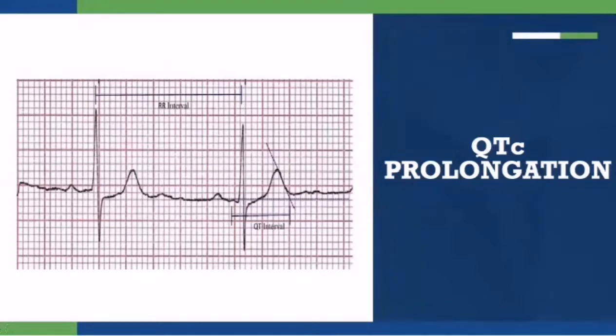The preferred way to calculate the QTc is by using the Fridericia method, which is derived by dividing the QT interval by the cube root of the interval in seconds between the peaks of two successive R waves.